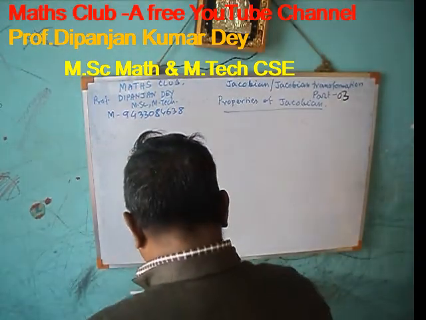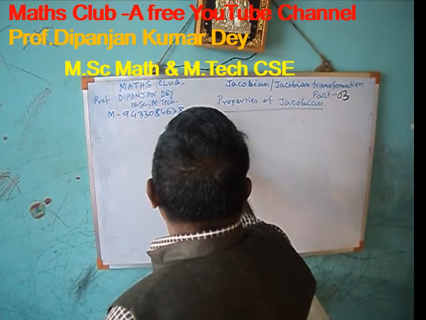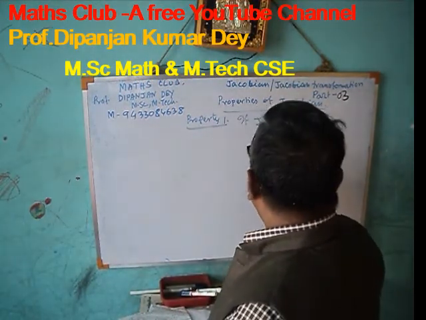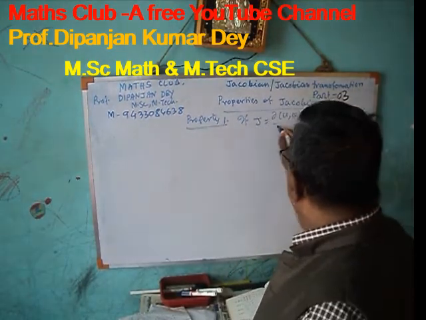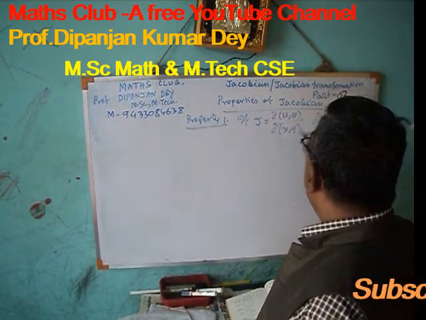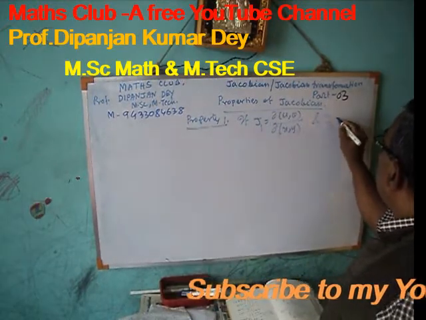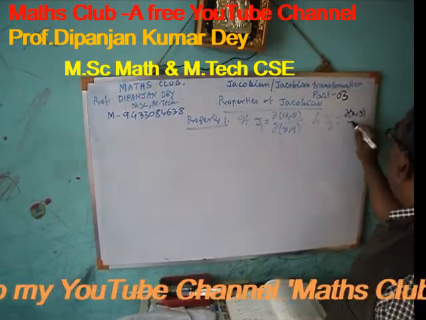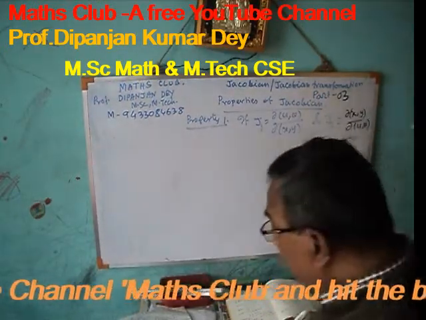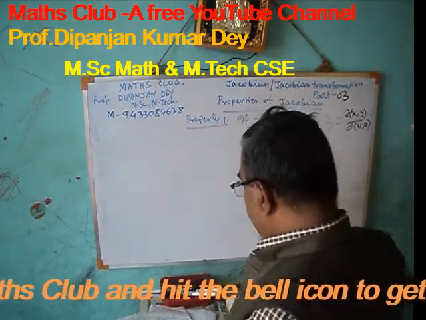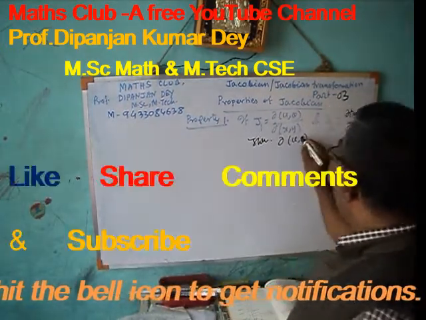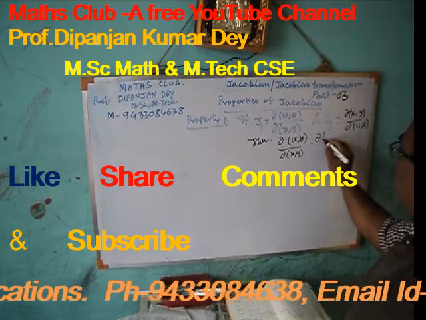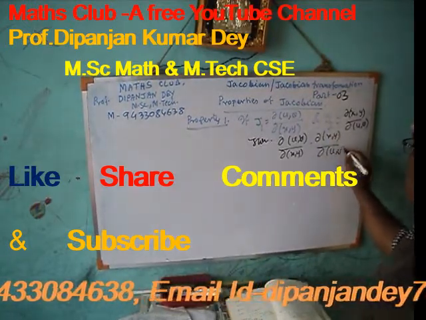Property number 1. If J equal to del UV by del XY, and suppose this is J1, and J2 equal to del XY by del UV, then del UV by del XY into del XY by del UV equals 1.